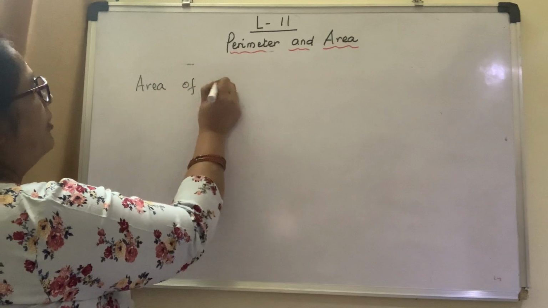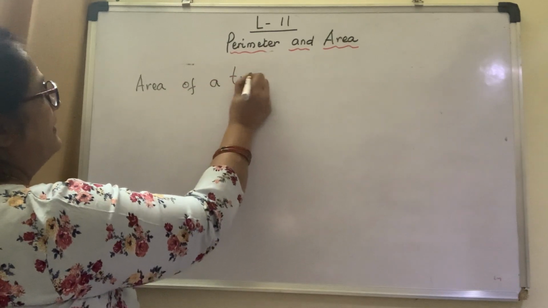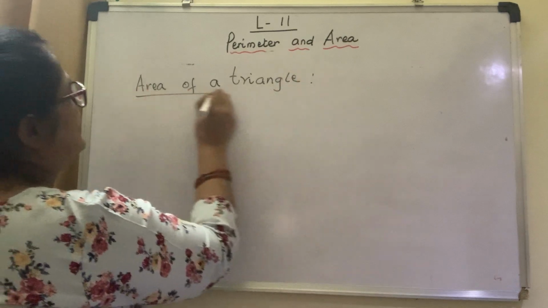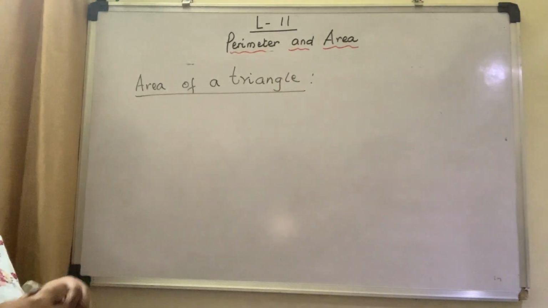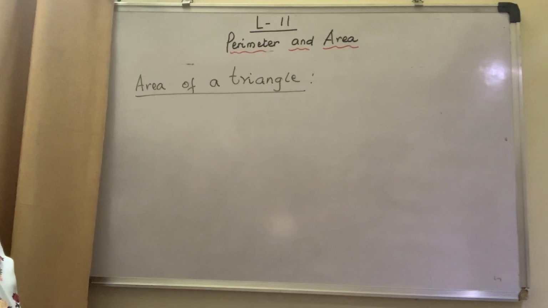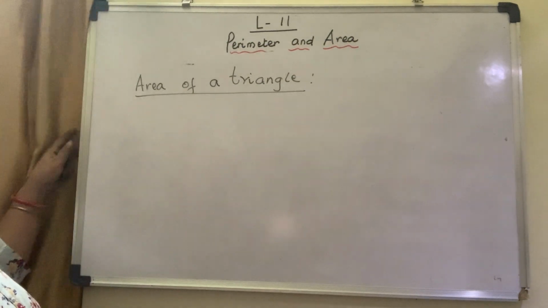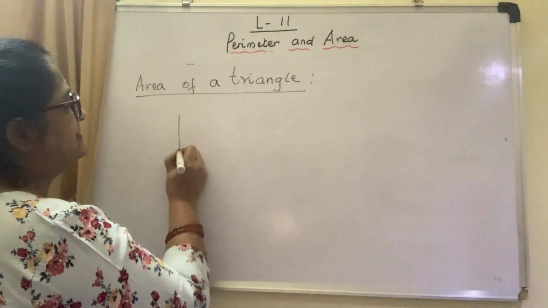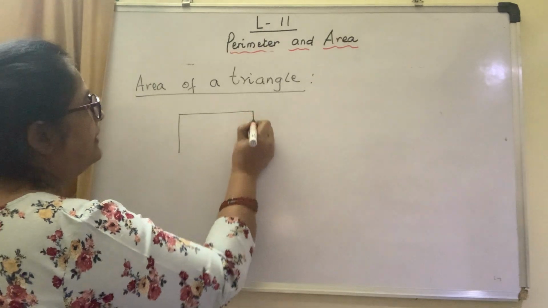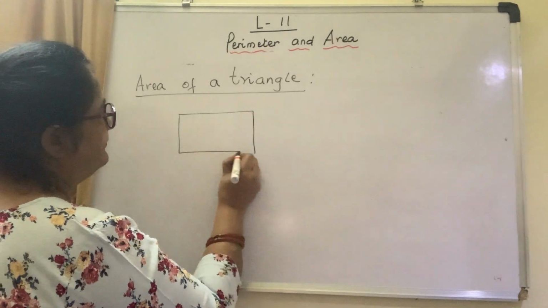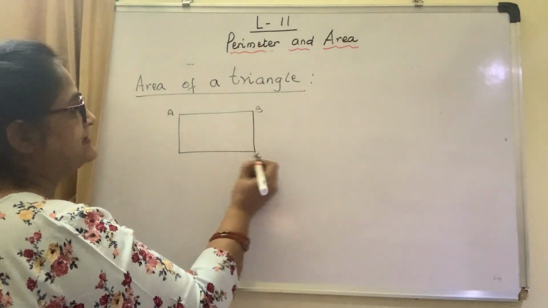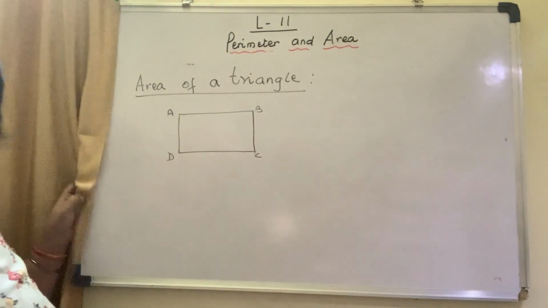Area of a triangle. Now first, what are we going to do? We are going to derive the area. One thing you should remember is that a triangle is a three-sided figure. Now let me take a rectangle, this is rectangle ABCD.